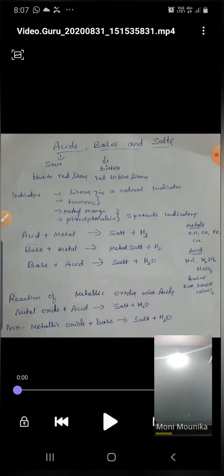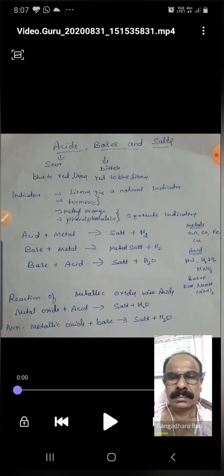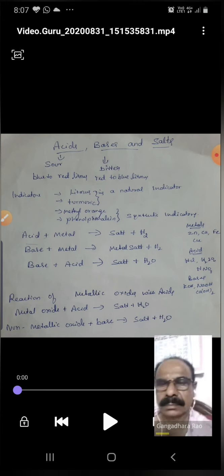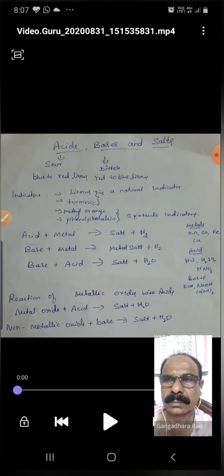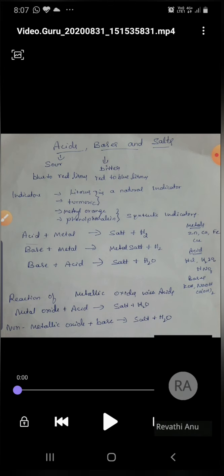Now you all observe keenly: when the base reacts with acid, it forms salt and water. The metal oxide reacts with acid to form salt and water. The non-metallic oxide with base, even that results in the formation of salt and water.